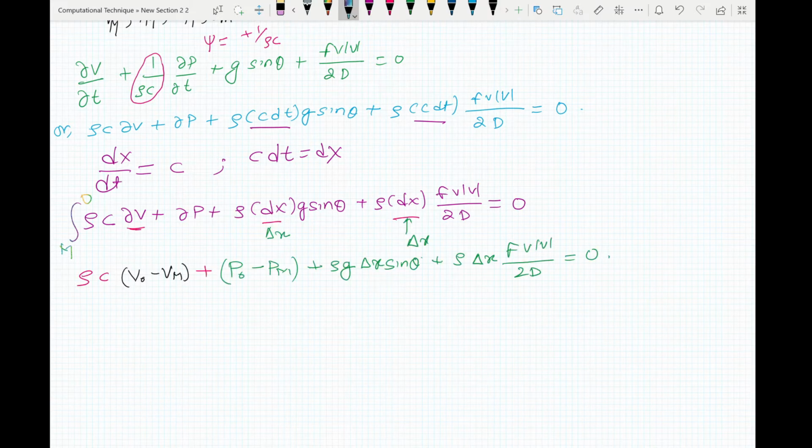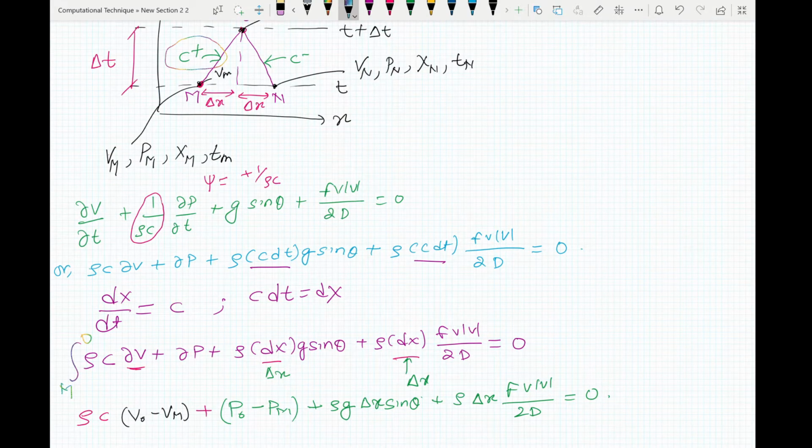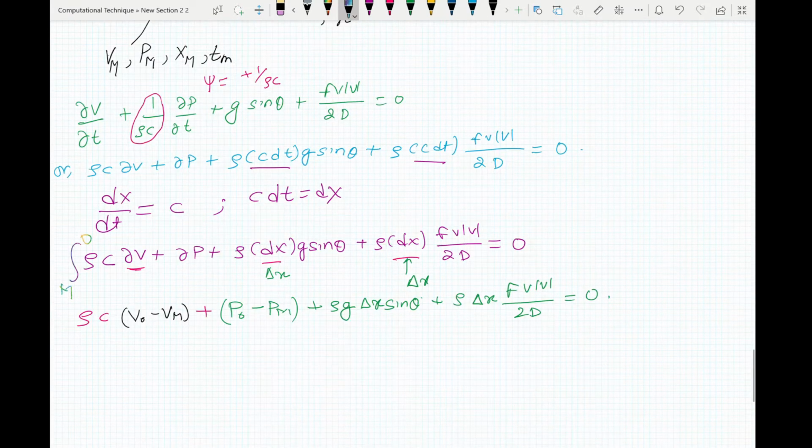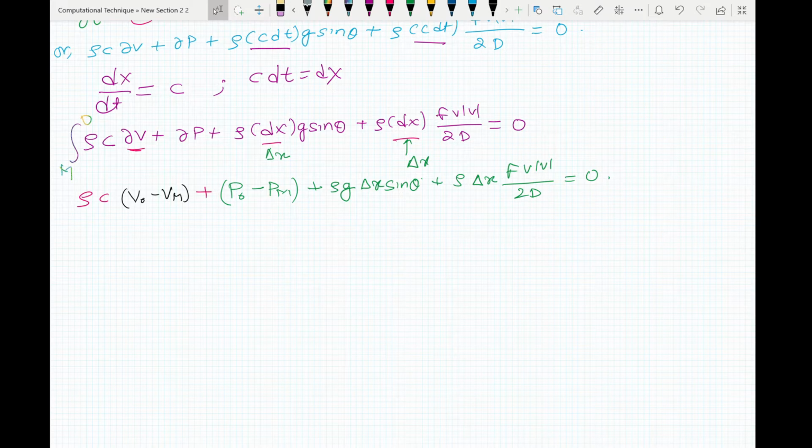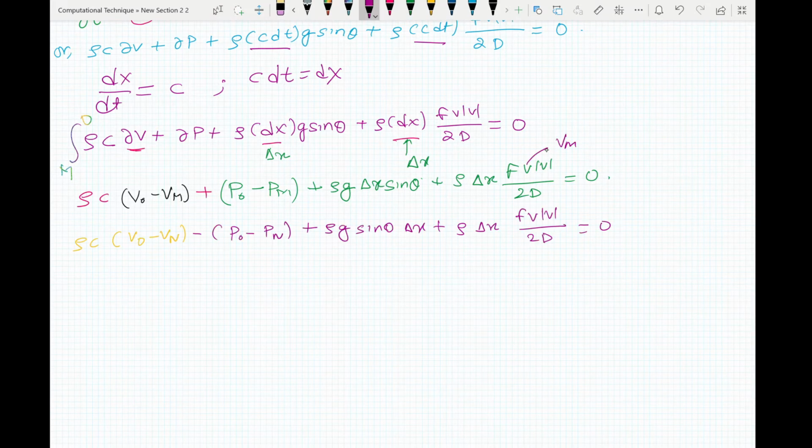Similarly, if you take the characteristic curve with the negative slope here, then what you'll get here will be, now this v here is at point m and this v here is for point n.